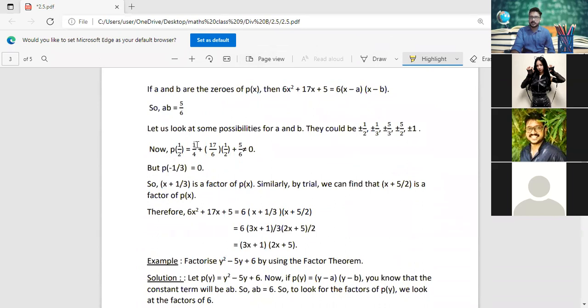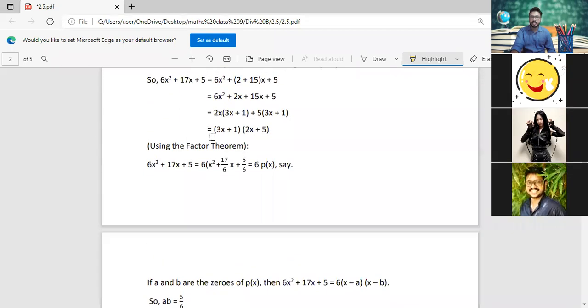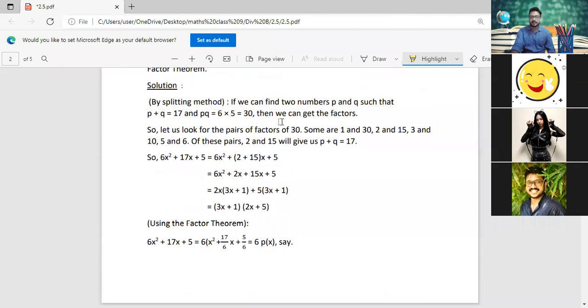Is there any doubt regarding solving these questions? Are you all okay with it? If so, we can move to our next question. Clear? Are you all okay? Or do I have to repeat any other question?